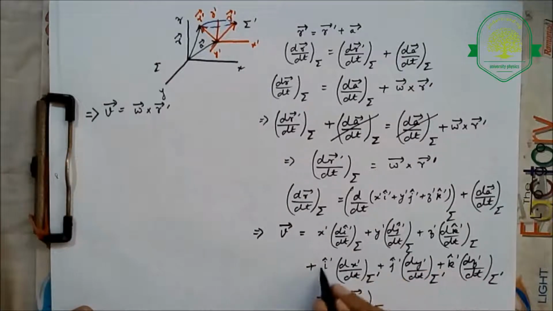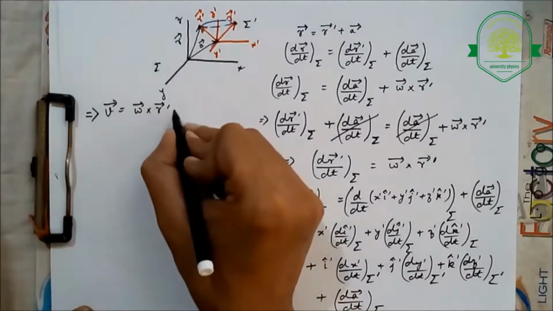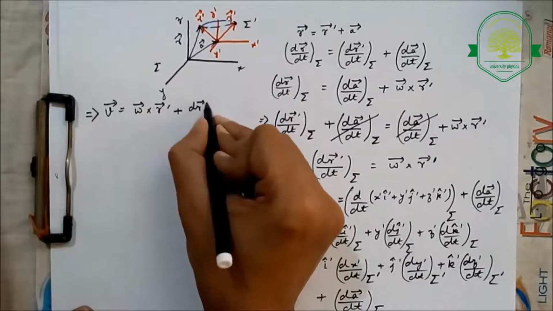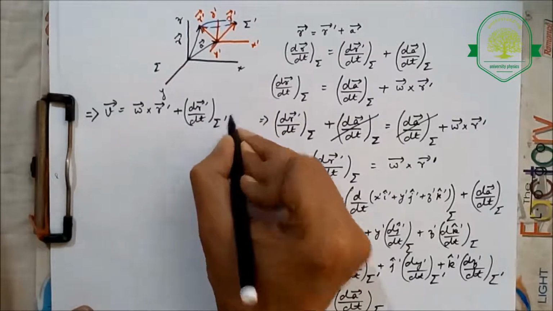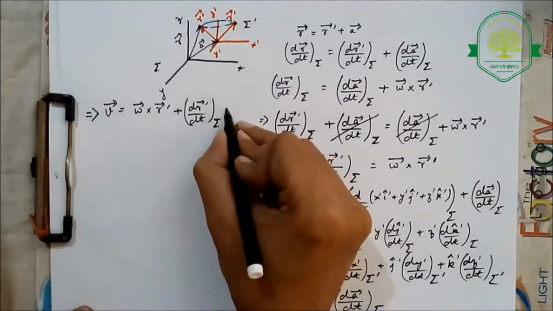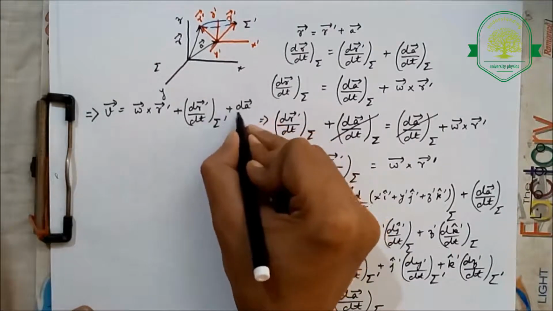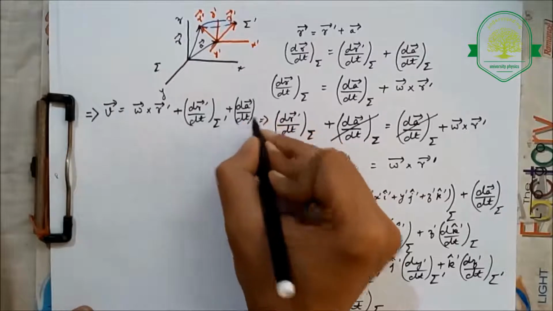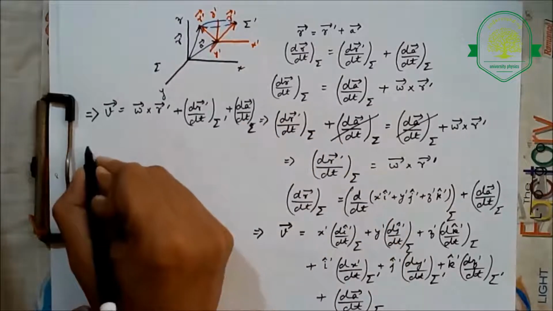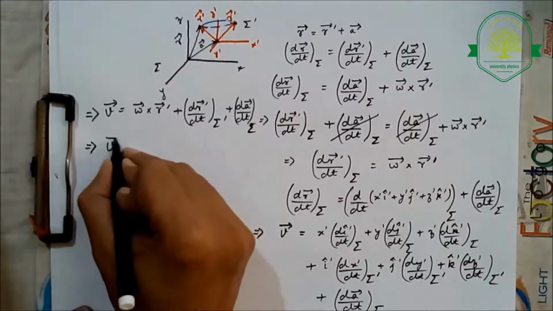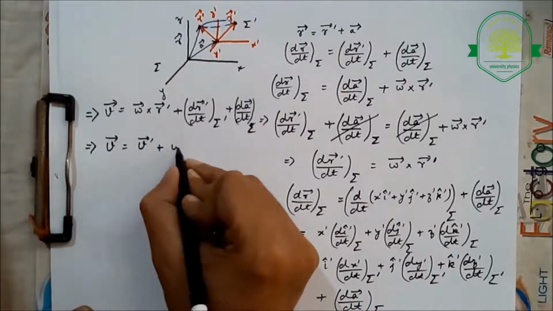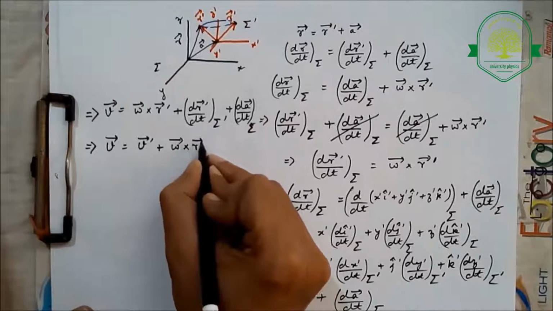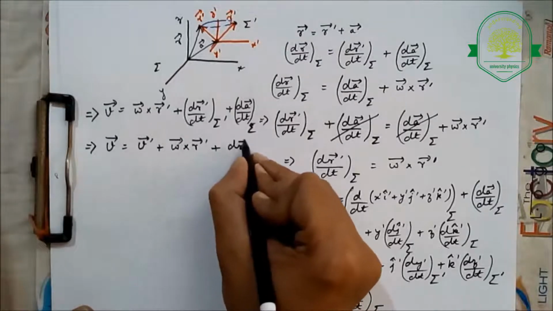This becomes the derivative of r primed as seen from the primed frame of reference, so this is just dr primed over dt as seen in sigma primed, and the final term is plus dA over dt as seen in sigma. So we have a formula V equals V primed plus omega cross r primed plus dA over dt.